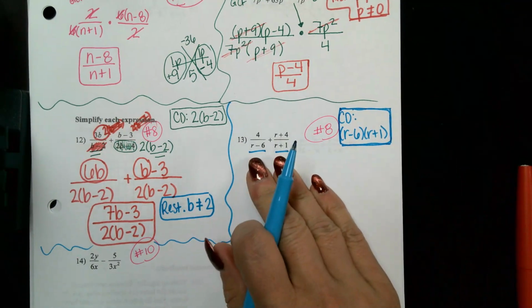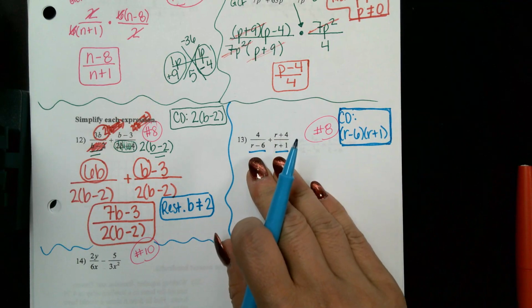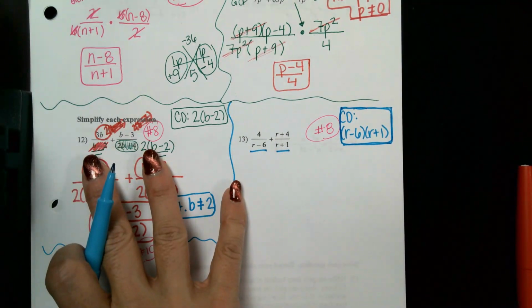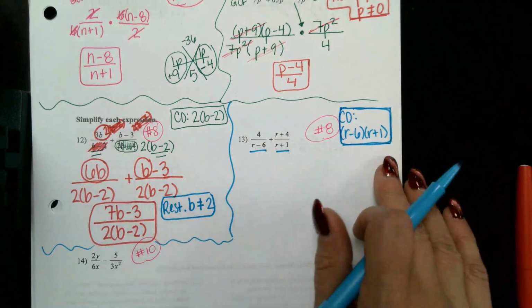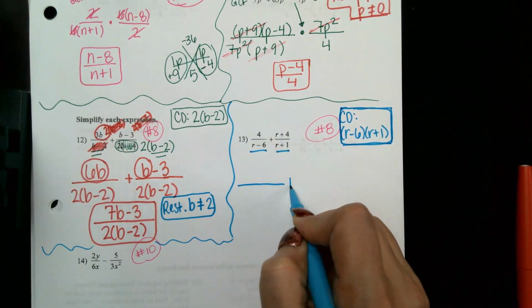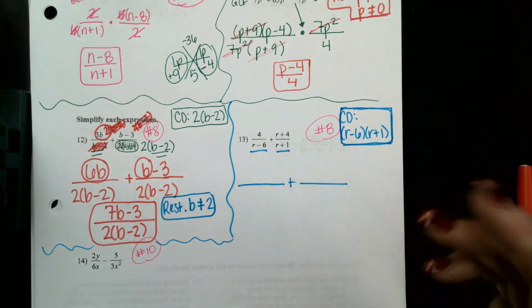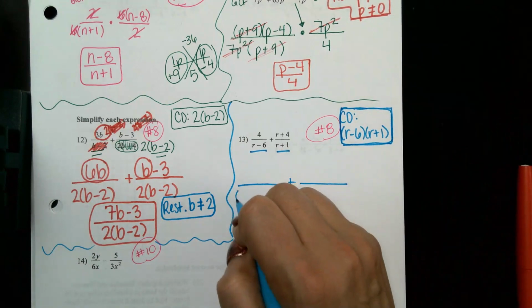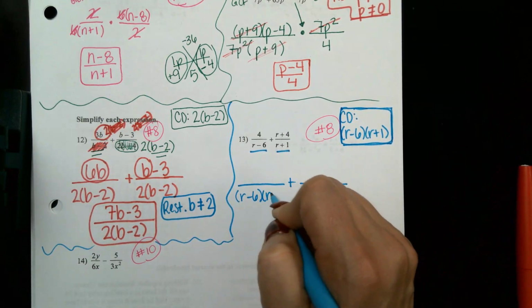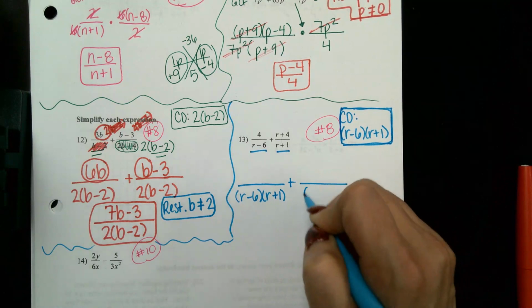If they don't have anything in common, you just multiply the two expressions together. And you don't actually even have to multiply them out. You just leave it in factored form, like r minus 6 times r plus 1.